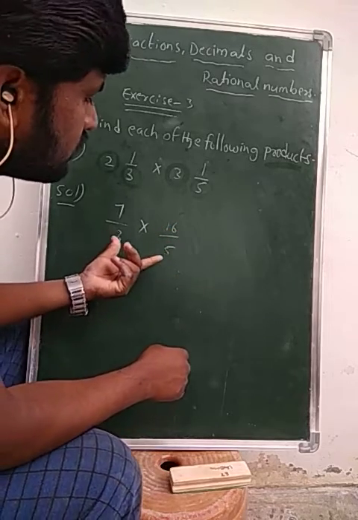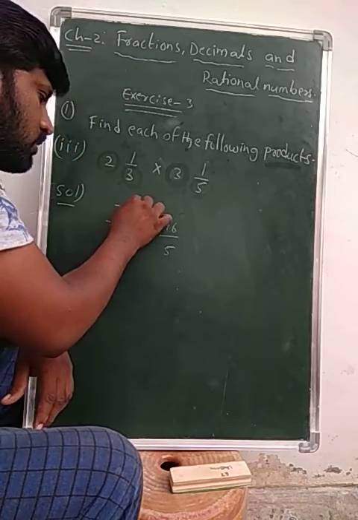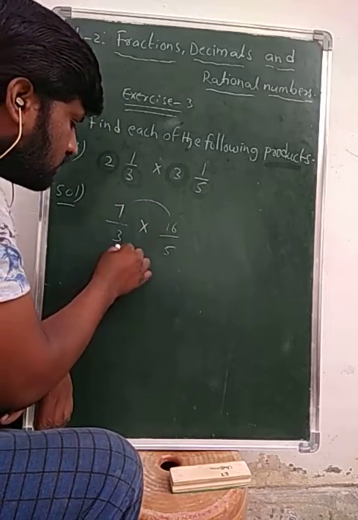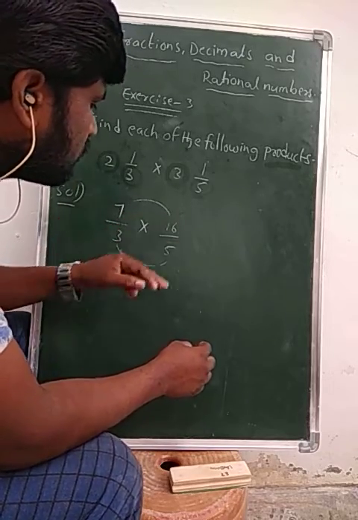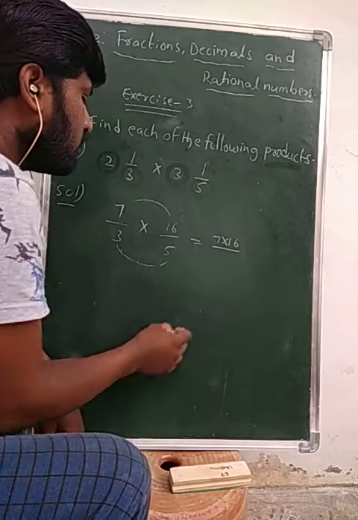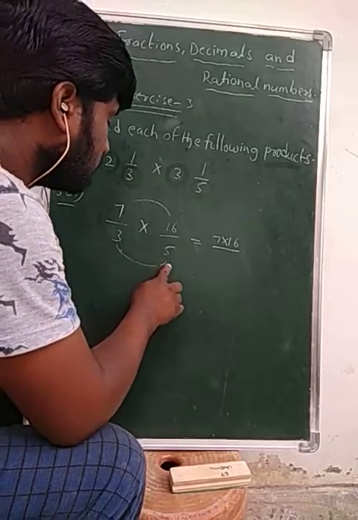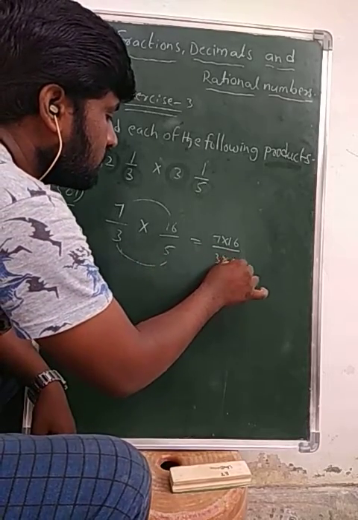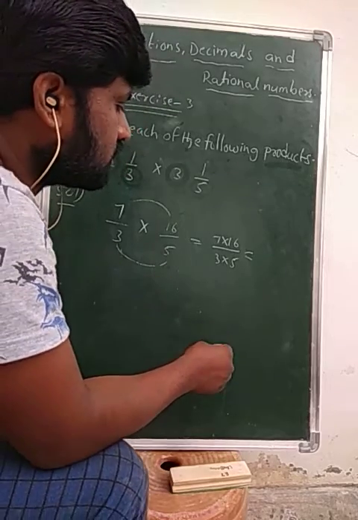The product of two fractions is nothing but the product of their numerators by the product of their denominators. Simply numerator into numerator, that is 7 into 16 by 3 into 5.